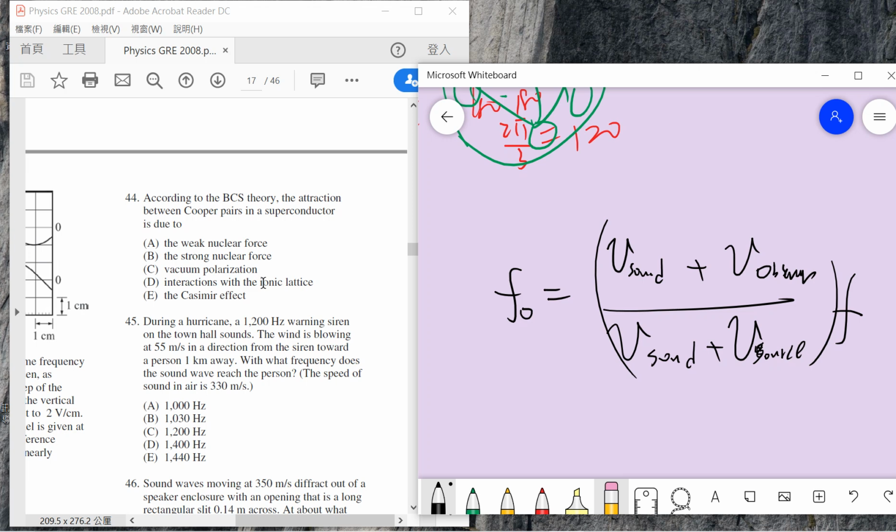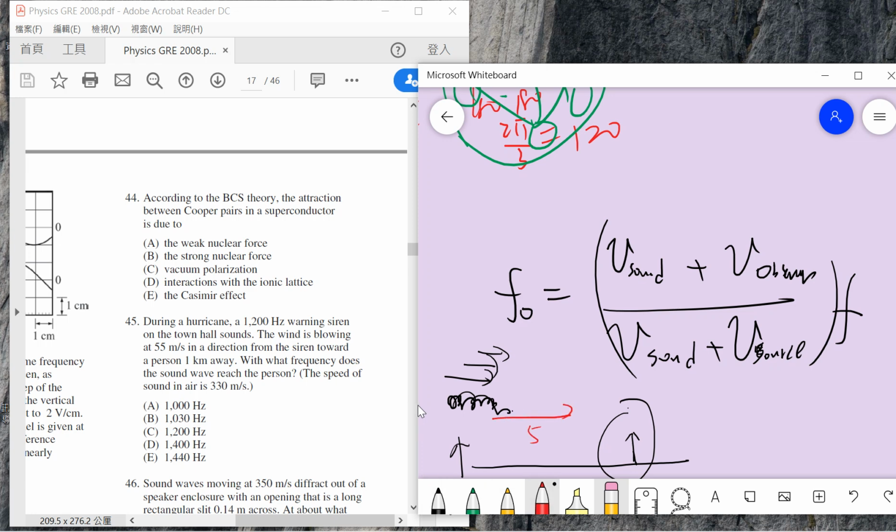Now there's a hurricane and the wind is blowing toward our person, and the sound wave travels here.